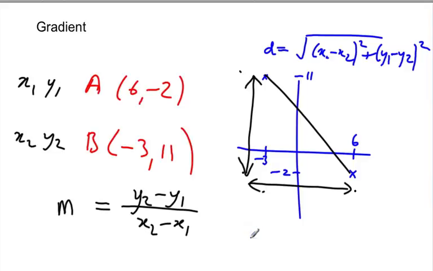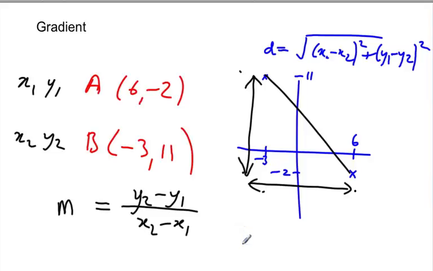Now, if we did it the other way round, and we went A take away B rather than B take away A, then on the top line we'd get negative 2 take away 11, which is negative 13, and 6 take away negative 3 gives us positive 9. It still comes out negative, which is exactly what you'd expect.